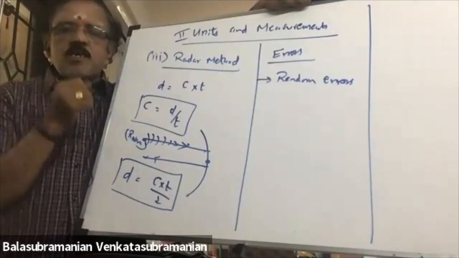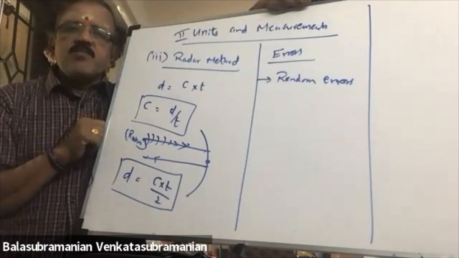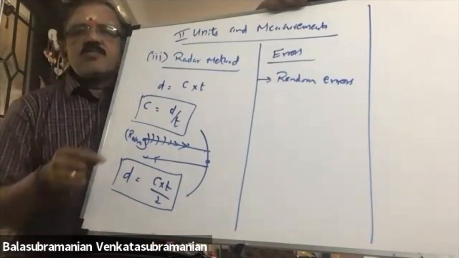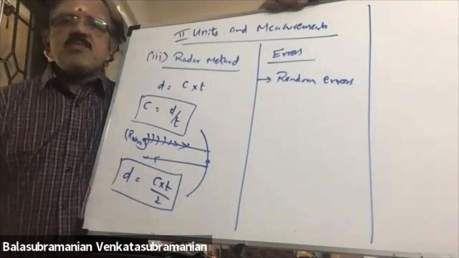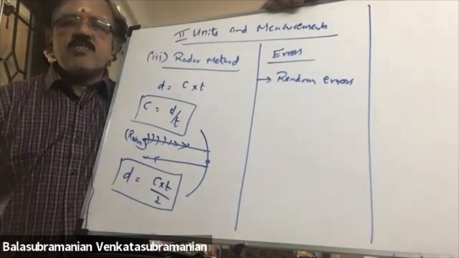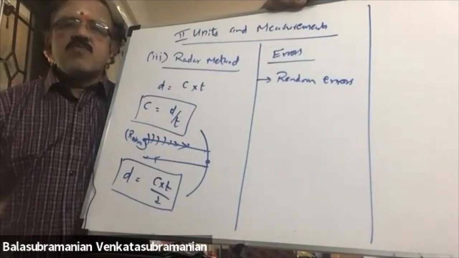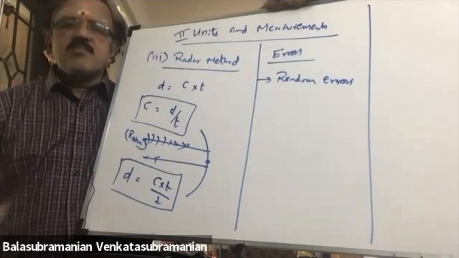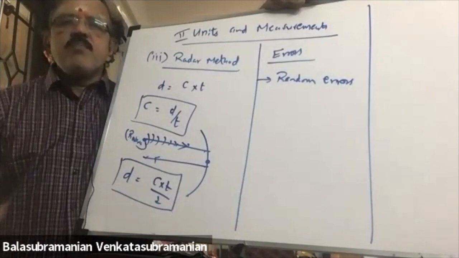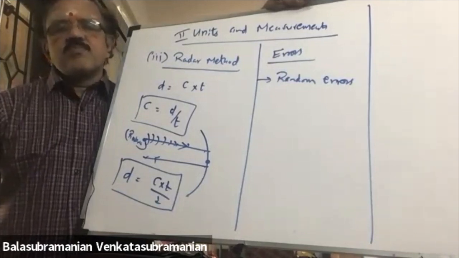For 50 centimeter length, the time is, say for example, 14 seconds for 10 oscillations. Time period is 14 by 10, so 1.4.